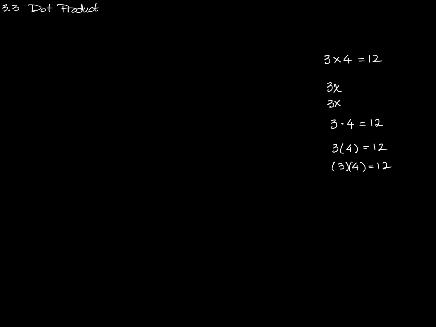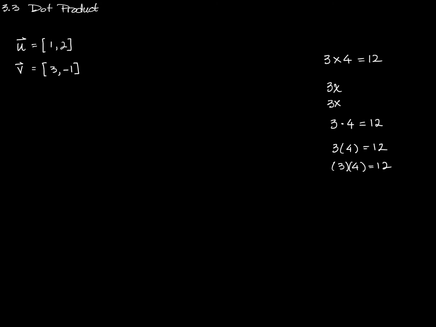So let's just take a couple of vectors here. Let's go with u equals, I'm going to stick with this notation for now, since that's what your textbook uses, u equals (1, 2), and v equals (3, -1).